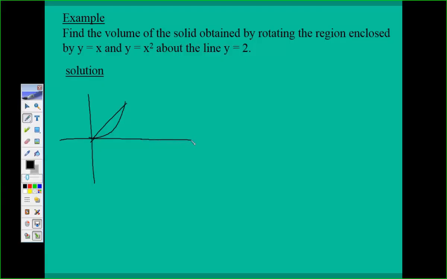We know that the points of intersection, just like in the last problem, are x equals 0 and x equals 1.